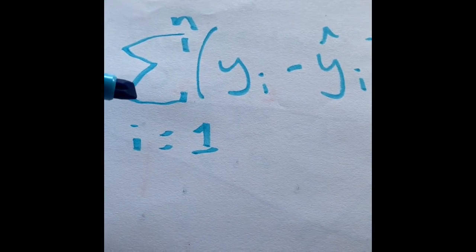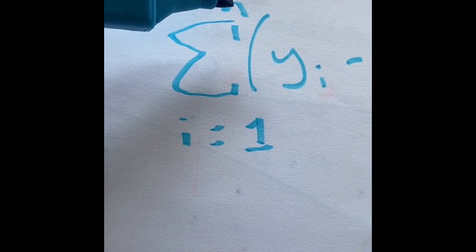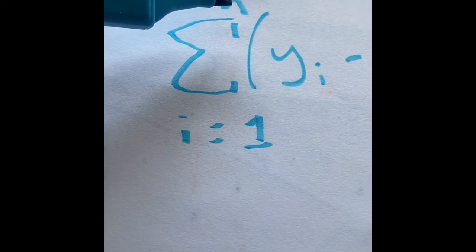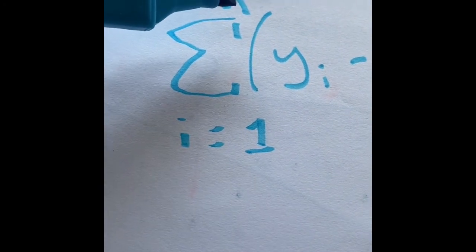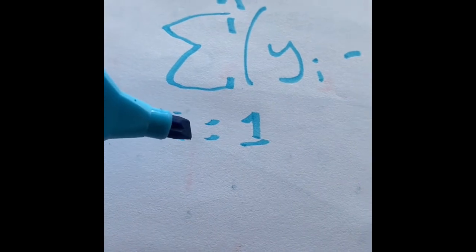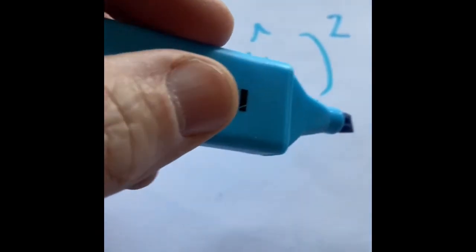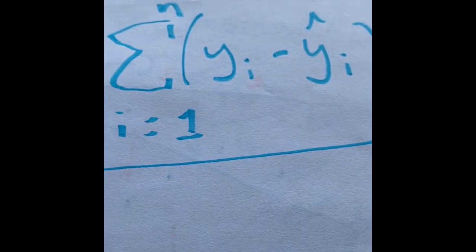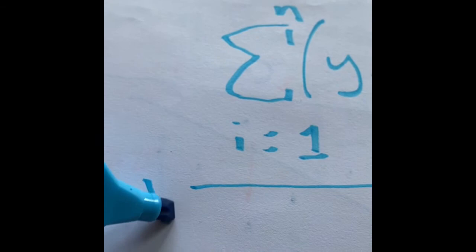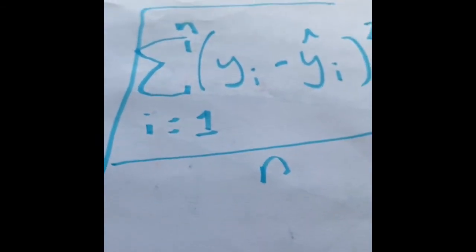So we're just going to sum all of these squared differences, and the n just represents the number of items that we've got, the number of data points that we have. So n often represents the number of data points, and i equals 1 just means we're starting at the beginning of the series. And then we'll divide this by the number of observations, and then we'll take the square root of that.